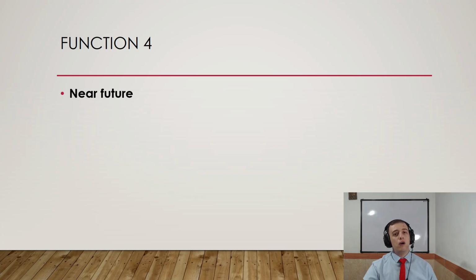When you want to talk about the near future, it means your plans, especially the fixed plans. For example, tomorrow I am meeting my friend. I know the place, I know the time, and also it is something like a personal arrangement, right?